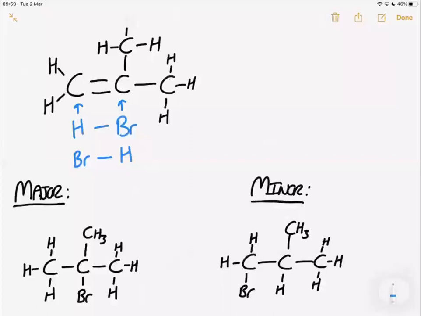And if you've thought about it for long enough, you'll realize that the major product is the one where the bromine ends up on position 2, and the minor product is the one where the bromine ends up in position 1. This is using exactly the same logic that we used in that first worked example. It might be that you found it hard to get to this stage without perhaps drawing the mechanism. If you needed to do that to work it out initially, I understand, that's fine.